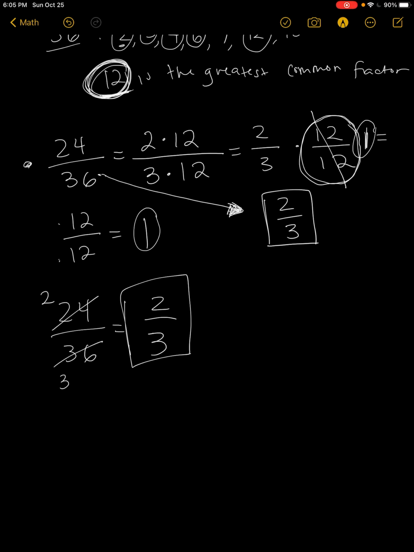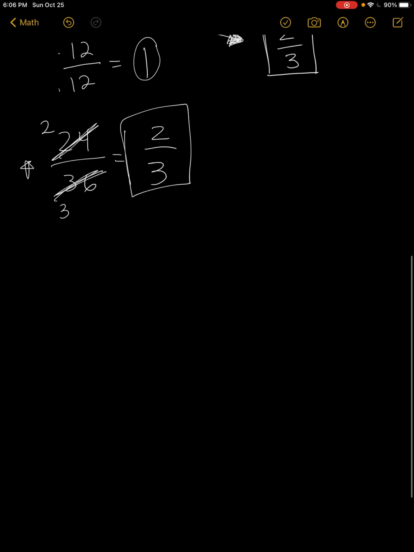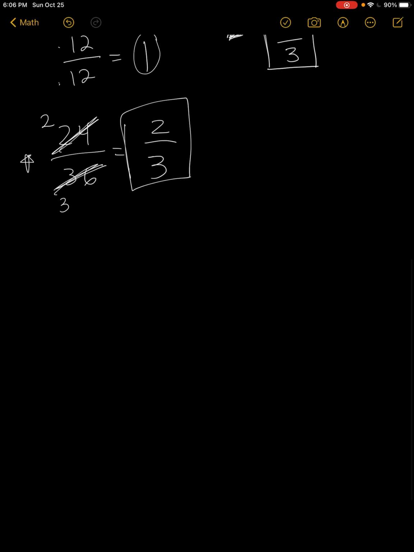If you like writing it all out this way, go ahead. If you like crossing it out this way, you can do it either way that you prefer. You're doing the same thing, just one with more steps. And some people like writing all the steps, it helps them think through the concepts. Alright, so that's simplifying with just numbers.